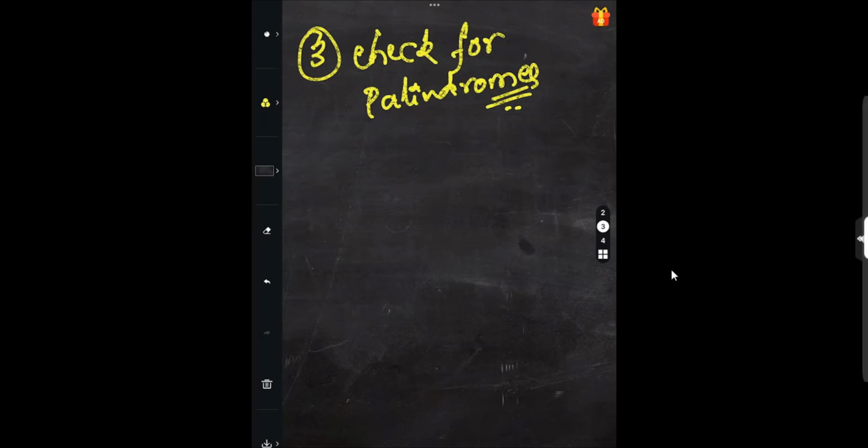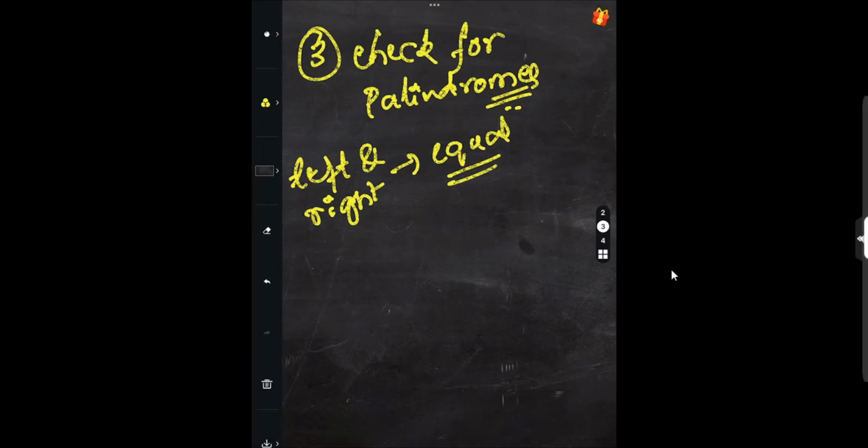Again I'm telling, we will check if the characters at the left and right pointers are equal. If they are not equal, then we will return false, right?